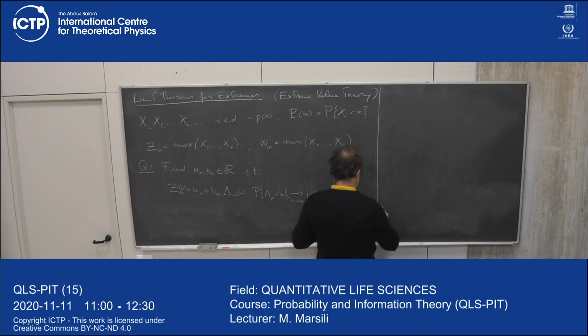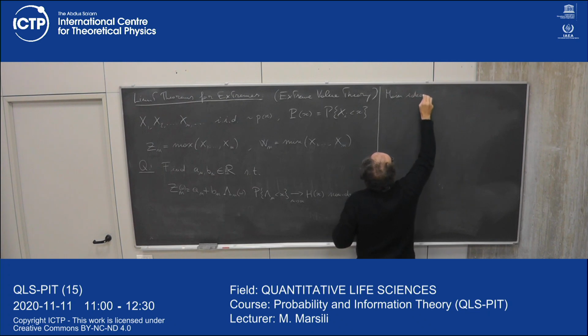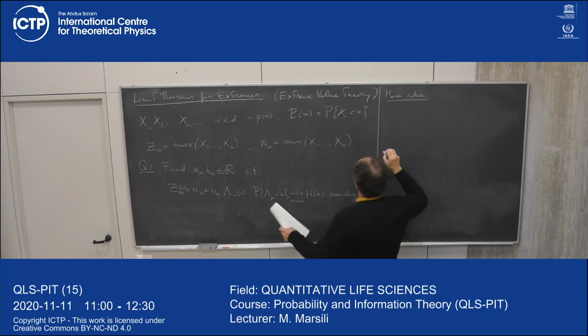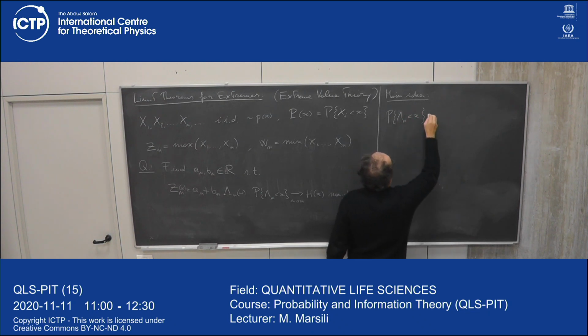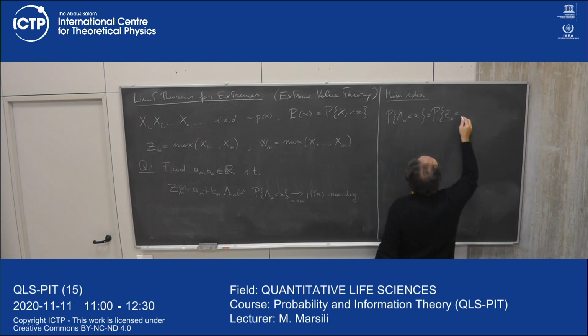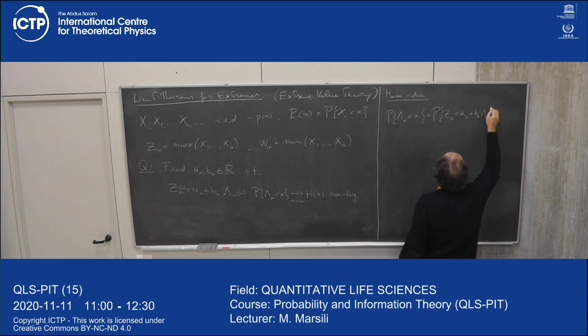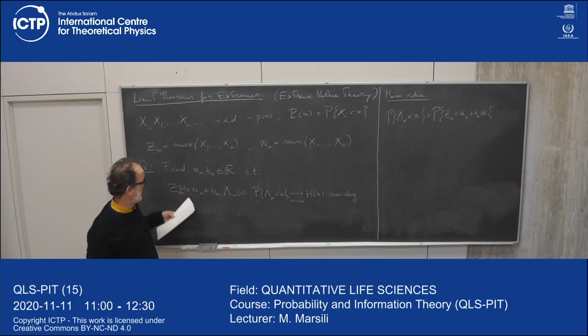So the main idea is the following. If you want to compute the probability that lambda n is less than x, then you want the probability that Zn is less than An plus Bn times x, because the relation between Zn and lambda is this.